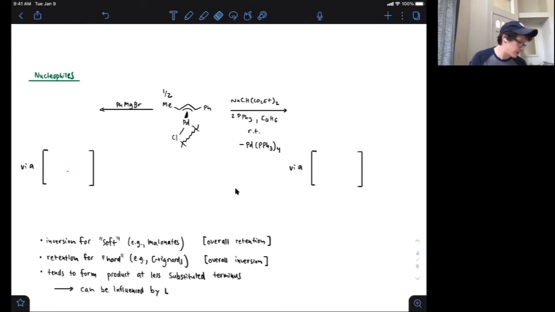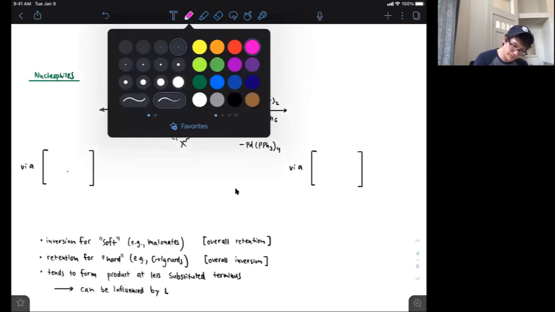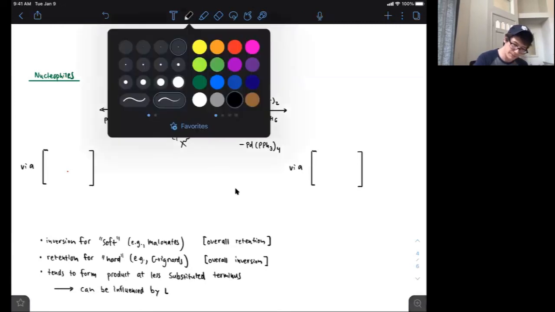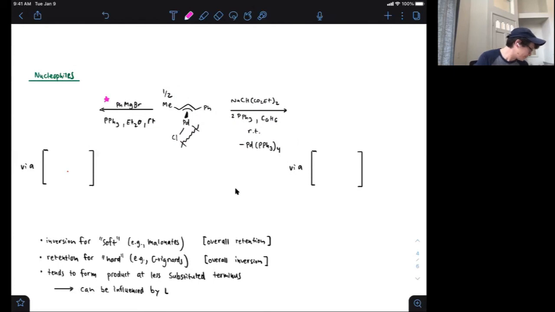Okay, let's discuss now this dichotomy between hard versus soft nucleophiles. As I said, when I refer to hard nucleophiles, I'm talking about things like Grignard reagents, where the key point is that transmetallation is expected to be fast compared to nucleophilic attack.